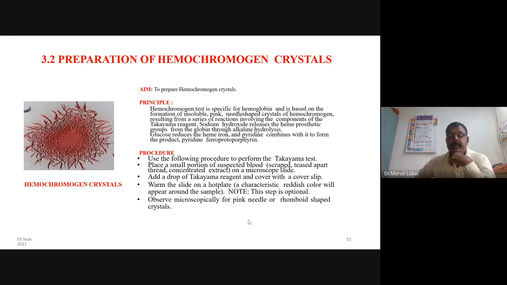Warm the slide on the hot plate. A characteristic reddish color will appear around the sample. This step is optional. Observe microscopically for pink needle or rhomboid shaped crystals.